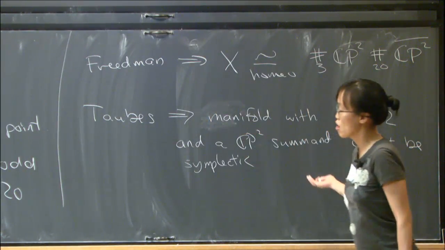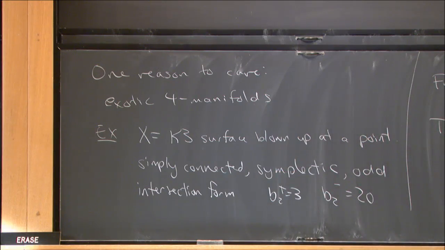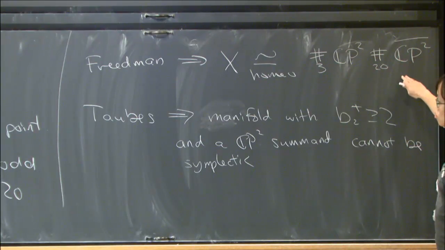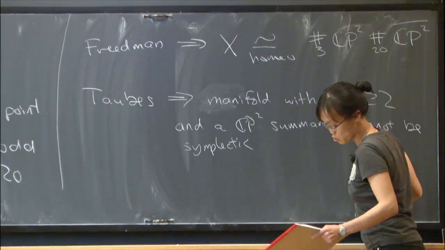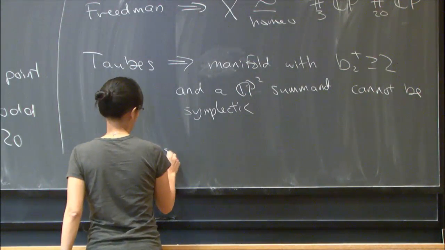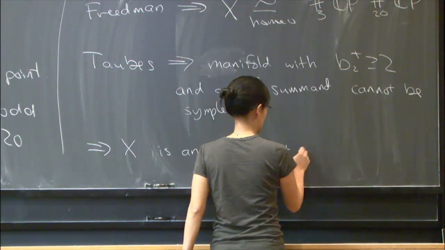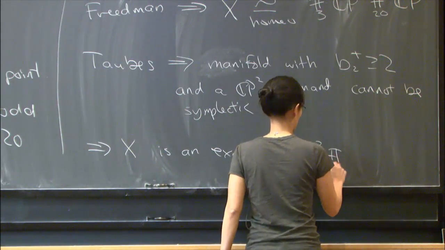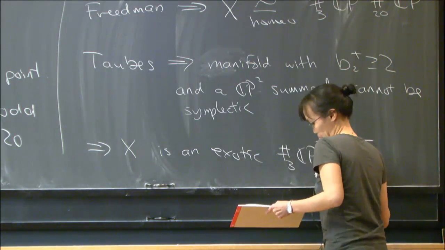So in particular, this space X is homeomorphic to the connect sum of CP2 and CP2 bars, but not diffeomorphic. So we've constructed an exotic 3 CP2 connect sum 20 CP2 bars.